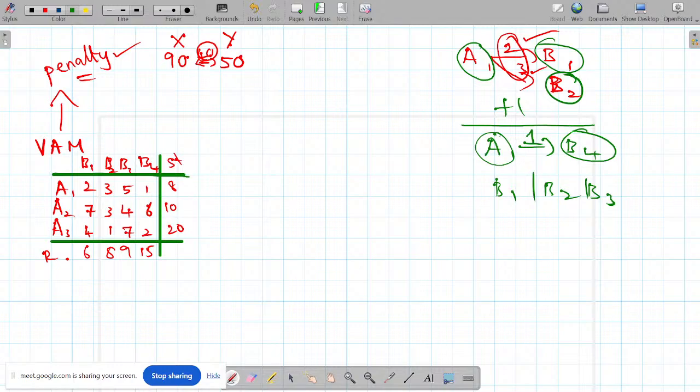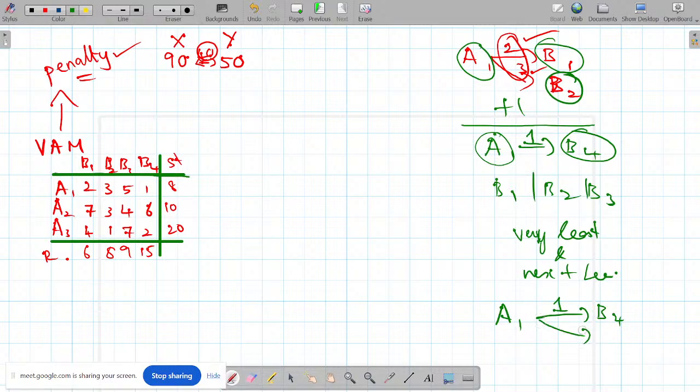And the beauty in this penalty method is that for each and every depot, it's going to compare two values: the very least value and the next least value. If I go for A1, the least value is to B4, 1 rupee.